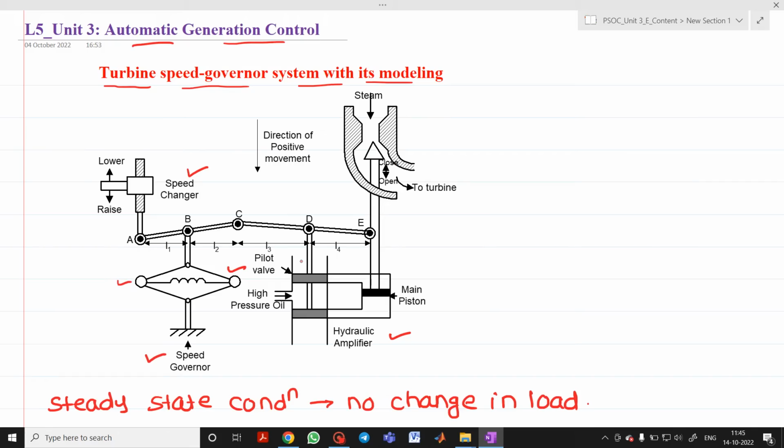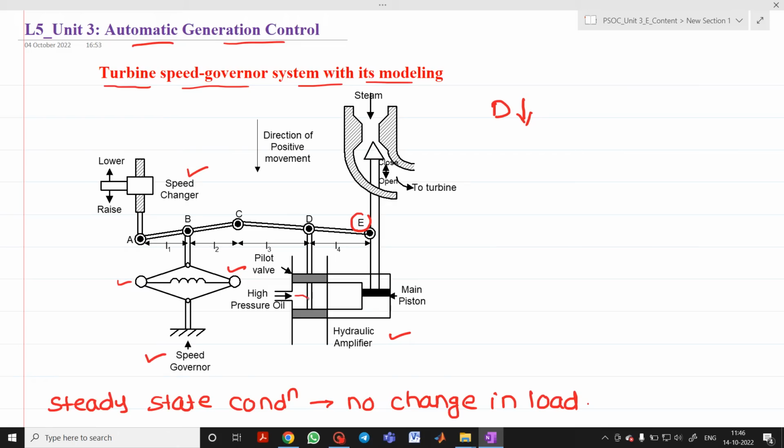Now if you see, the steam valve is opened by a definite magnitude, and the speed of the turbine is such that the turbine power output balances the generating load. Now what is the meaning of that? If you see how this steam inlet will be opened by the movement of this point E. We can say if D moves in the downward direction, then what happens?